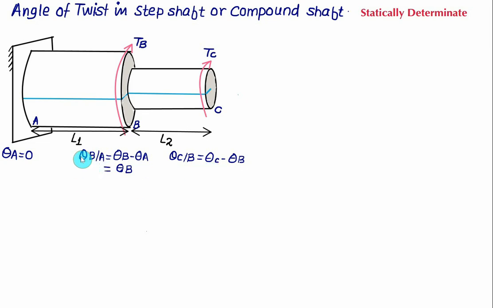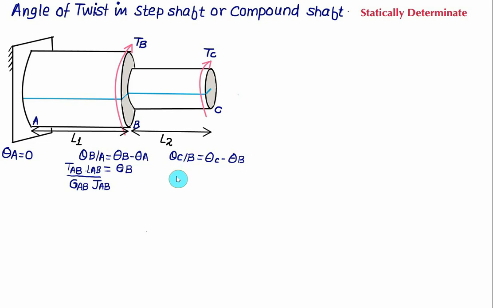Theta BA we can calculate from the torque acting on the length L1, that is, for shaft AB. We calculate this using the angle of twist formula: TAB multiplied by length AB, divided by the modulus of rigidity of shaft AB multiplied by the polar moment of inertia of shaft AB.